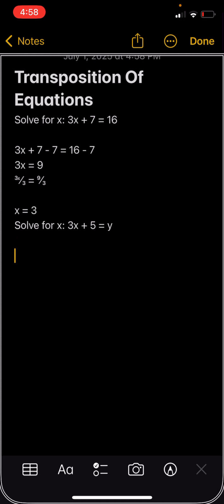Let's go ahead and subtract the 5 first. 3x plus 5, we subtract 5, and that will be equal to y, and we subtract 5 on this side as well. When we simplify, the 5s disappear, and so 3x will be equal to y minus 5.